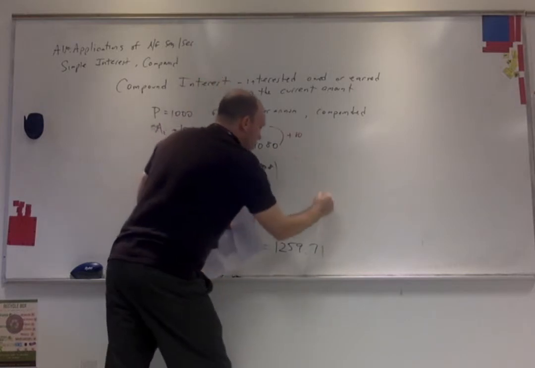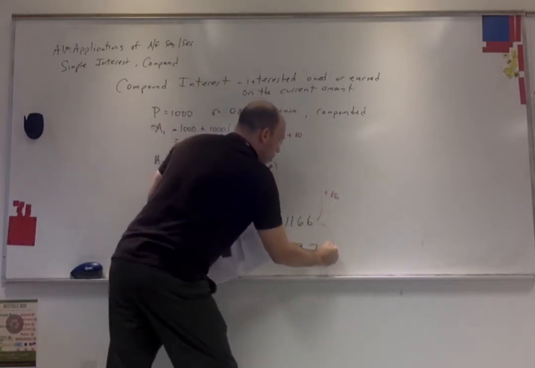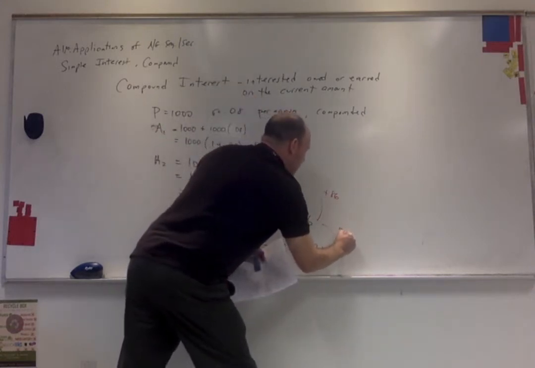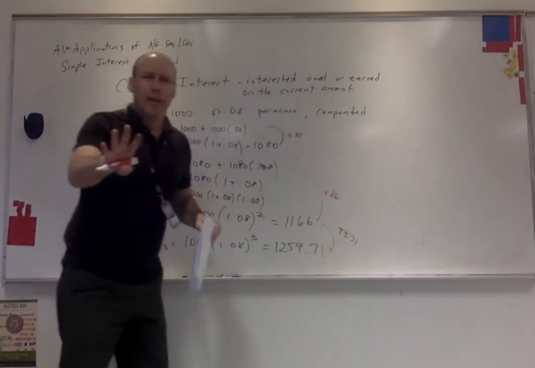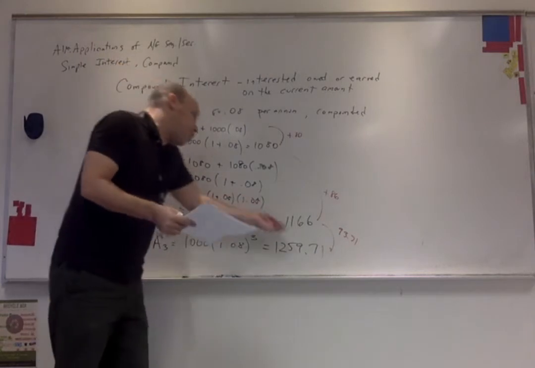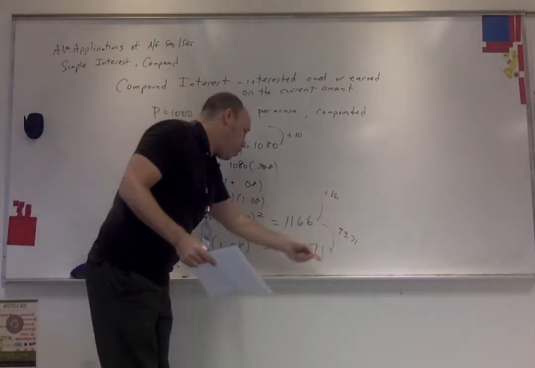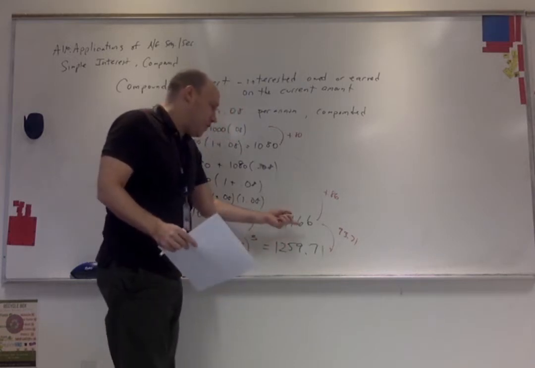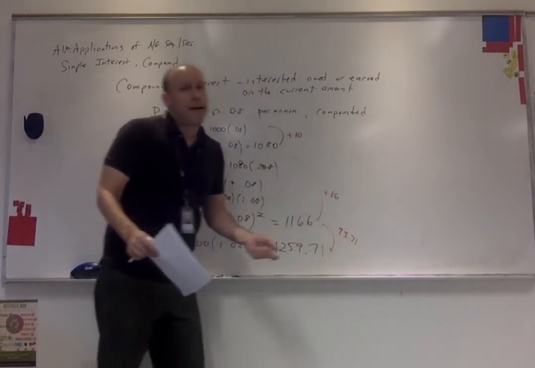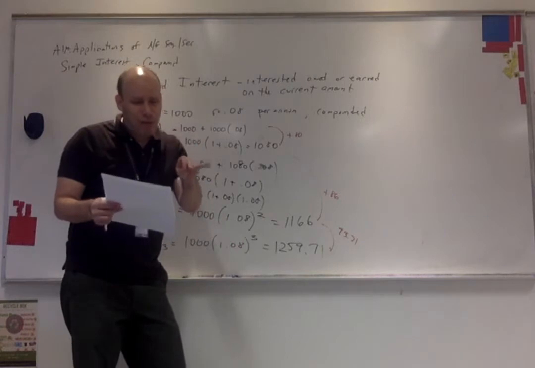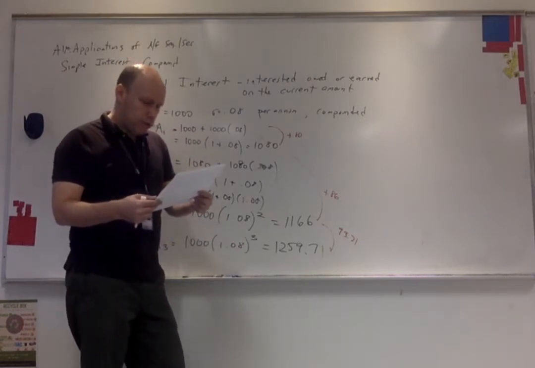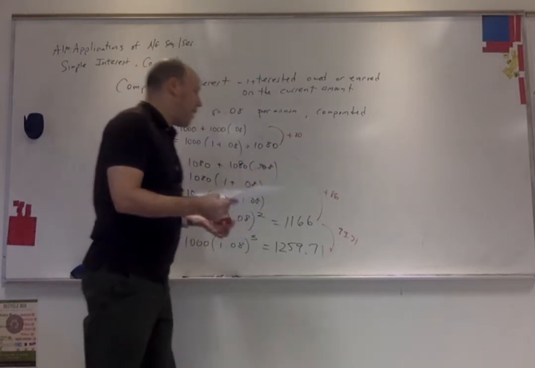This is plus 86. This is plus 93.71. It's not really important, but I just subtracted: 1259.71 minus 1166, it increased by 93.71. That's not really important. And yeah, that's the idea.